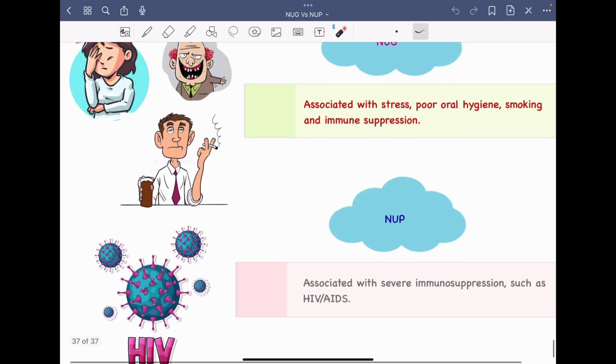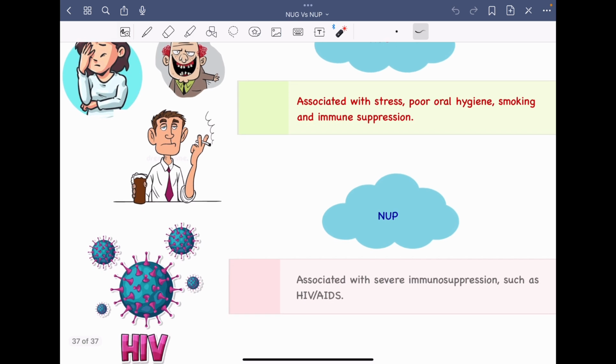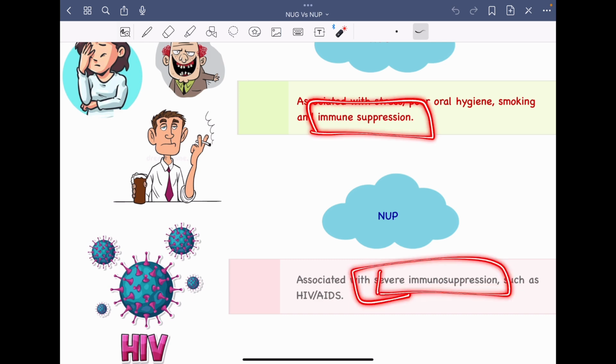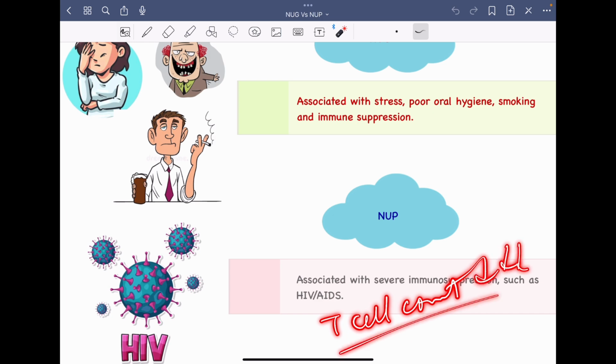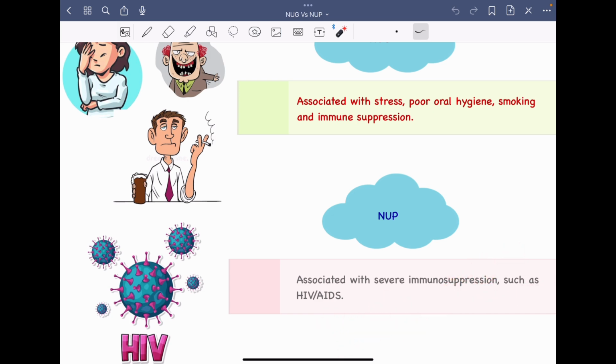Then for NUP, it is associated with severe cases of immunosuppression. Very important. See, immune suppression is common for both of them, but in cases of severe immune suppression, when the T cell count is very, very less, in such cases, NUP may be found. Why?